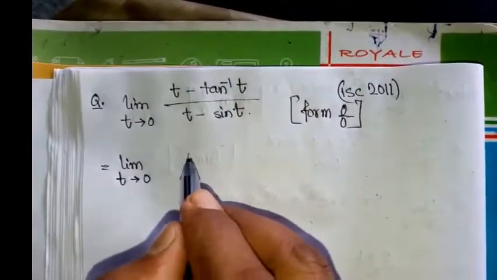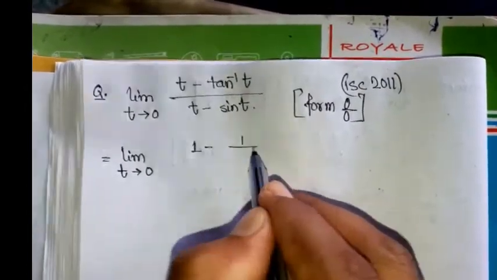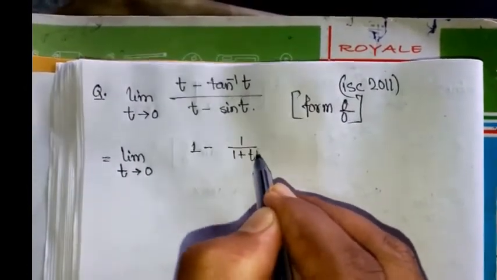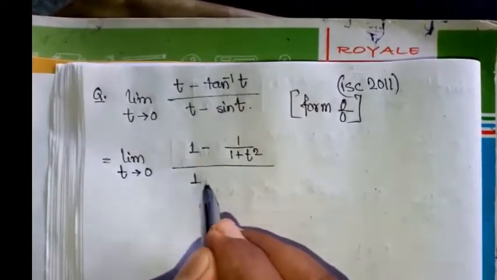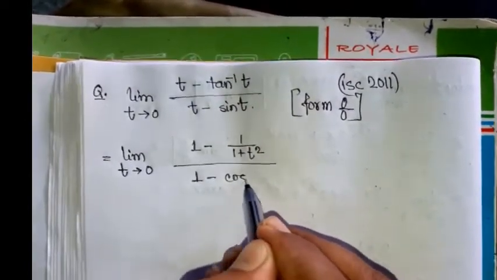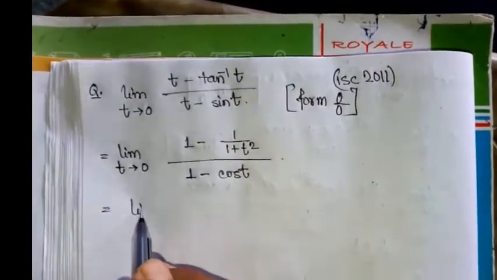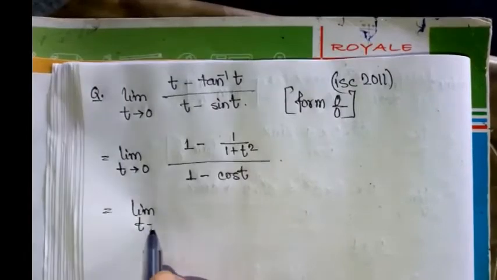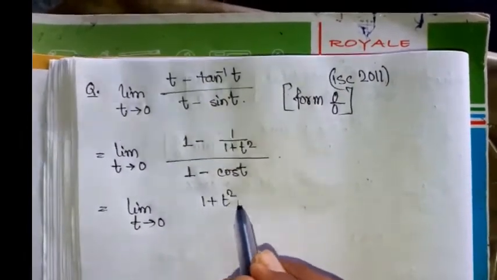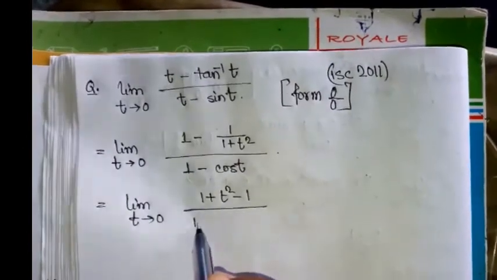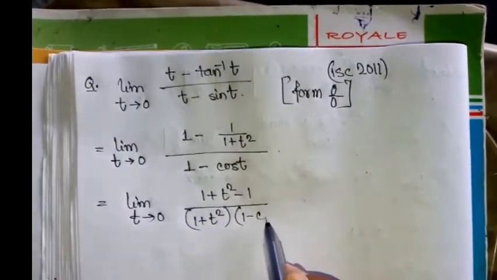So if we differentiate the numerator, this is 1 minus the derivative of tan inverse t, which is 1 by 1 plus t square. And the derivative of the denominator is 1 minus cos t. Very good. Now simplify it. Then limit t tends to 0. If you simplify, you will get (1 plus t square minus 1) by (1 plus t square) into (1 minus cos t).